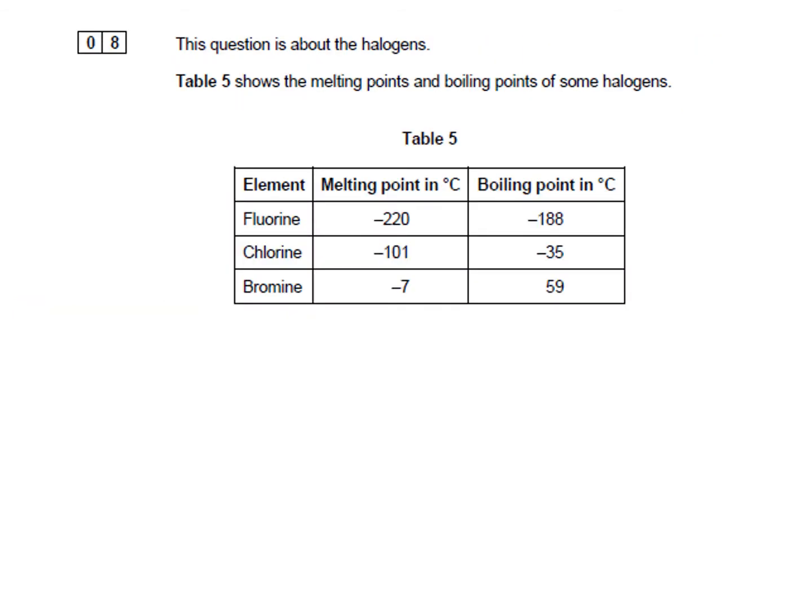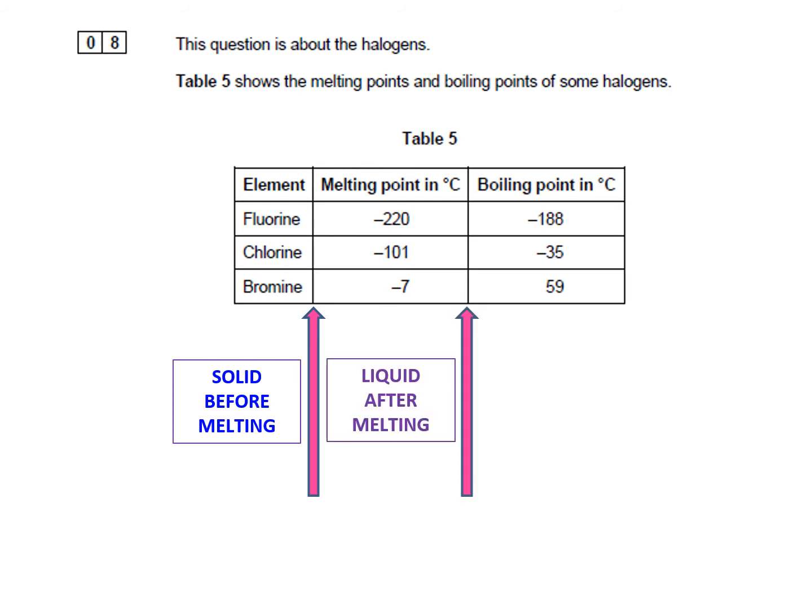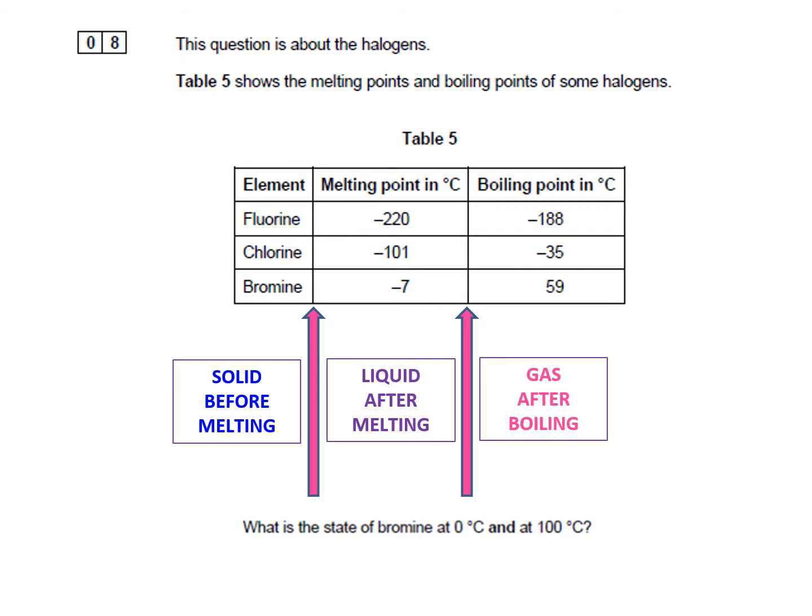Okay, so question 8. Now we have to remember our information we know about group 7, the halogens. They're giving you information at the start here about the melting and boiling point of the different halogens. So we need to remember what we mean by melting point and boiling point. Before it melts it's a solid, after it's melted it's liquid, after it's boiled it'll turn into a gas. So our question is now, if it was 0 degrees, since it melts at -7, what state will it be by 0?